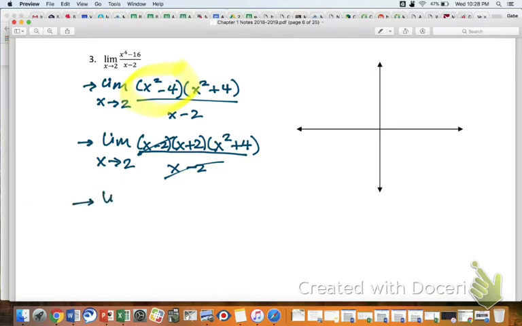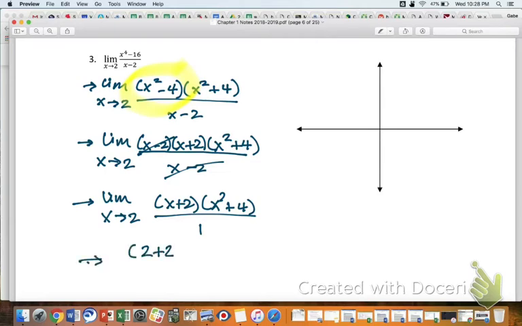All right, so limit as x approaches 2 now of x plus 2 times x squared plus 4 over 1. So now we can try direct substitution. So in doing so, I get 2 plus 2. Notice now the limit is gone because I am evaluating the limit, so it doesn't need to be there anymore.